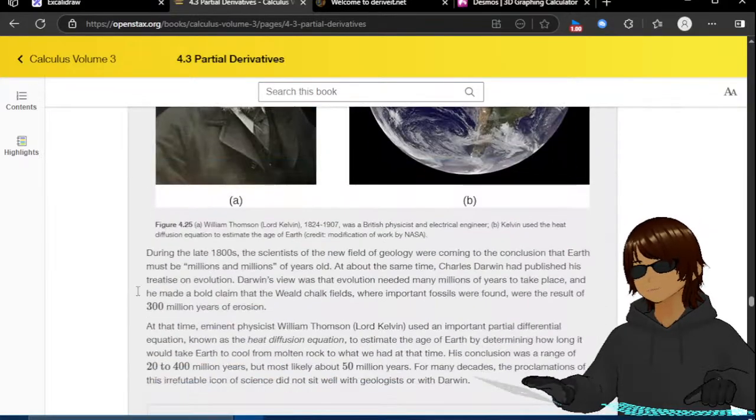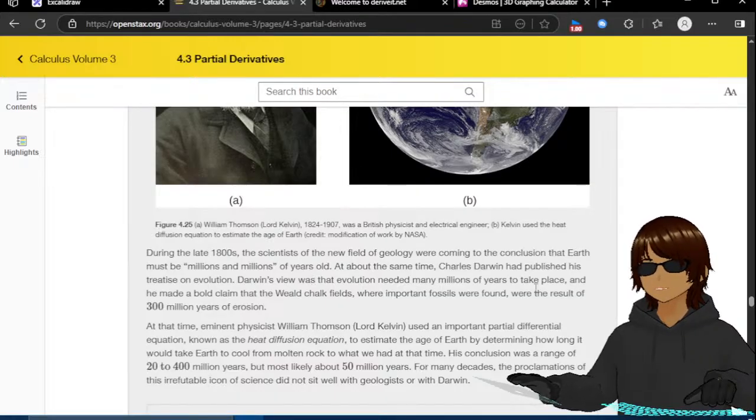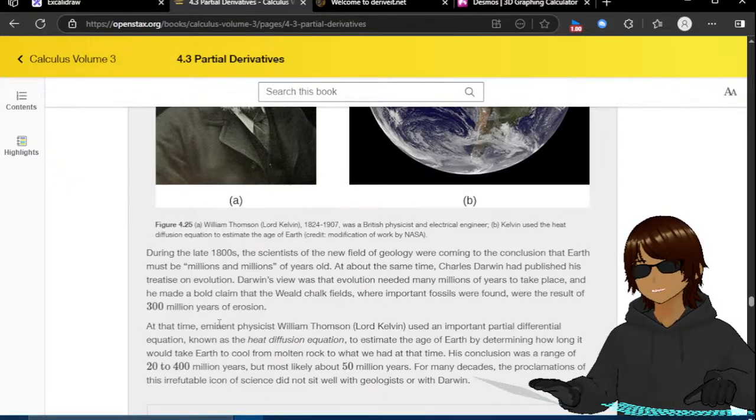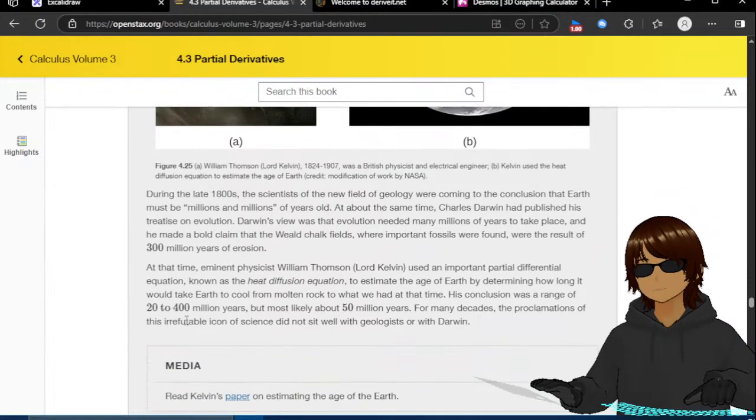During the late 1800s, the scientists of the new field of geology were coming to the conclusion that Earth must have been millions and millions of years old. At about the same time, Charles Darwin had published the treatise on evolution. Darwin's view was that evolution needed many millions of years to take place, and he made a bold claim that the chalk fields, where important fossils were found, were the result of millions of years of erosion.